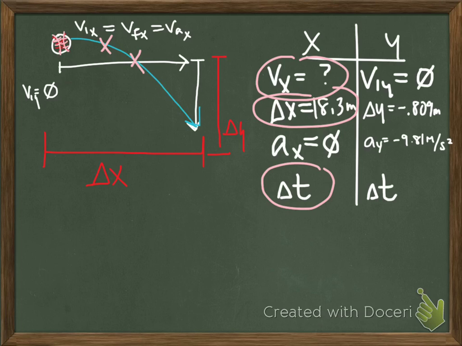You're going to get really good at this. Vx equals delta x divided by delta t. Okay, and I'm just going to sit that there for a moment.